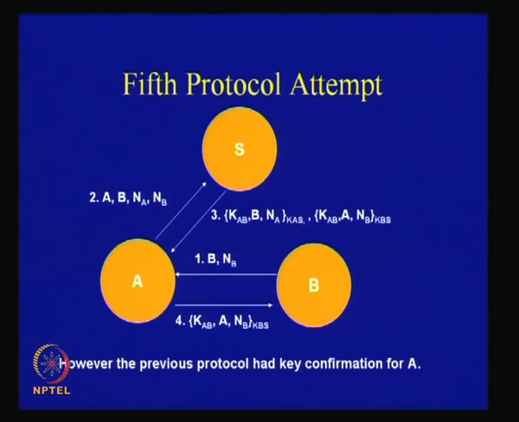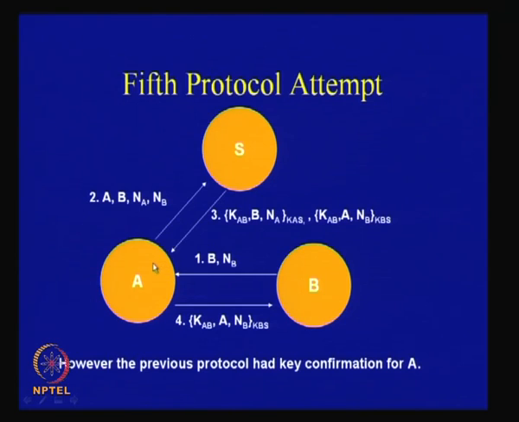The objective of a protocol is to state some objectives and achieve them, and if you state some objectives and are unable to achieve them and open up more vulnerabilities, then that is not a very safe protocol to use. So here you see there is a difference between the previous protocols and this one: the first message is initiated by B.